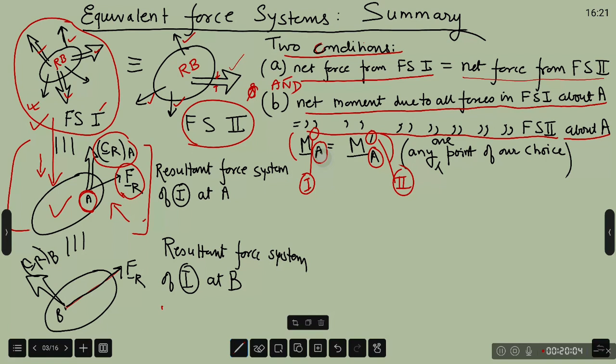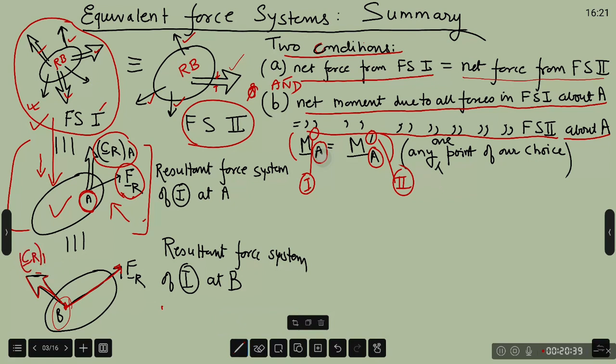My friend comes and says that I also want to get a force system which has only one single force, only one single torque, but I want to put the force at point B, not at A. My friend's favorite point is point B. He can also have such a force system. He will put the same FR that I have here at B, and then he will have to put a CRB, a torque, CRB.